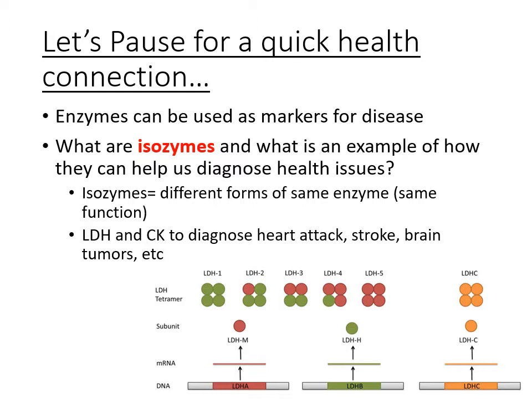So if you find the enzyme's isozyme in the brain, well, then that can signal that there's been a stroke or brain tumor. Whereas the heart type, the heart version of the isozyme, would instead indicate a heart attack. Okay, so where you find the elevated levels of an isozyme and which version you find can help us diagnose different diseases.